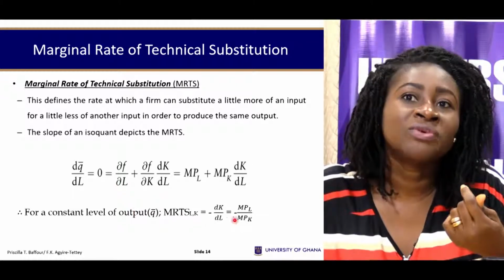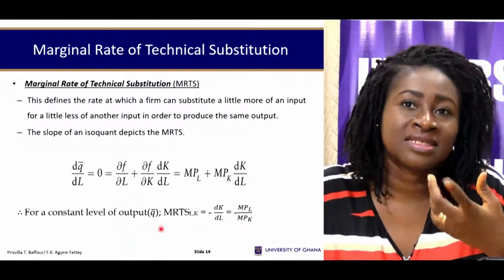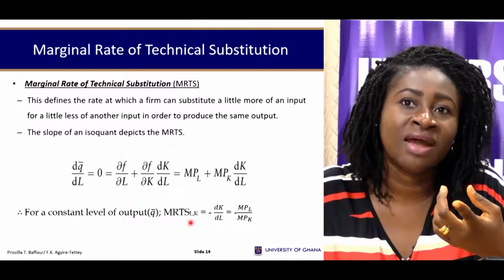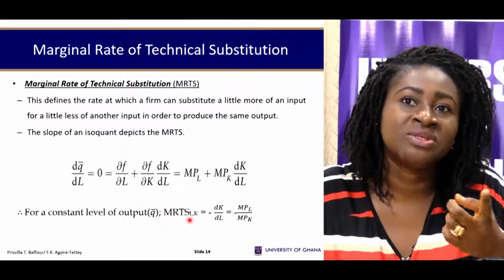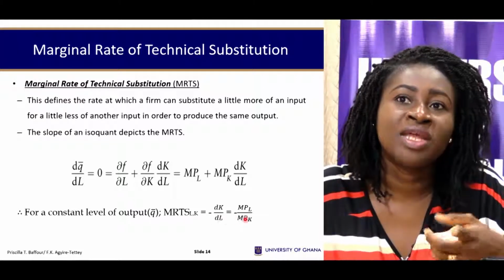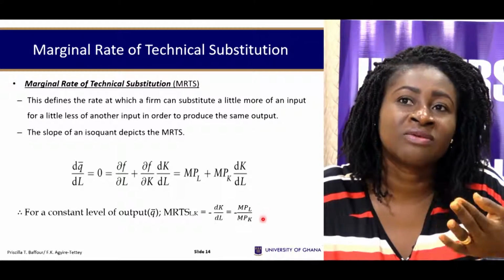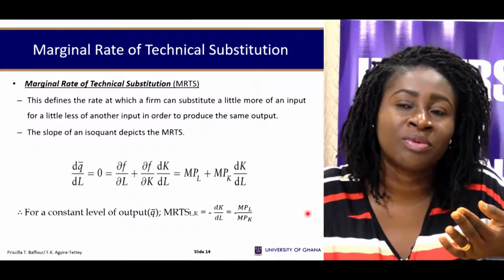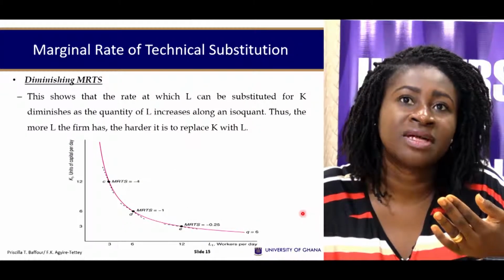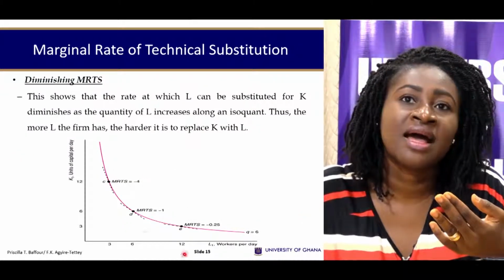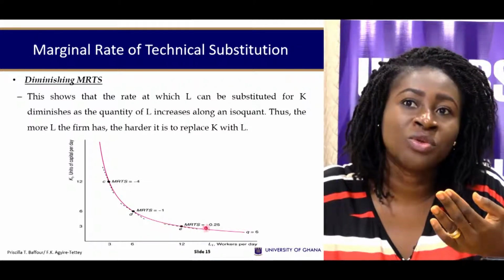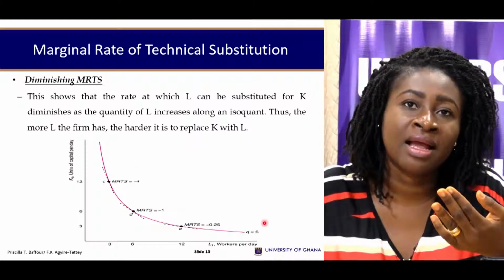And when we do that, we know that just like in consumer theory, where we derived the marginal rate of substitution, the marginal rate of substitution of labor for capital would be the negative of the ratio of the marginal product of labor to the marginal product of capital, right? So this gives us our slope, which is the marginal rate of substitution between labor and capital.